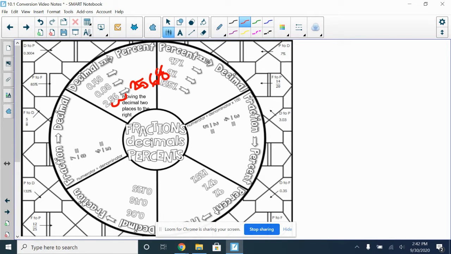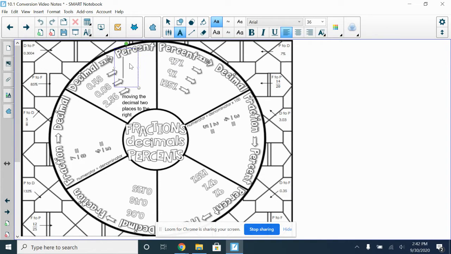One thing that you will notice is if you have a decimal that is greater than 1, I know when you think about school and grades and percents, they go up to 100, but your percent is going to be over that regular standard 100.